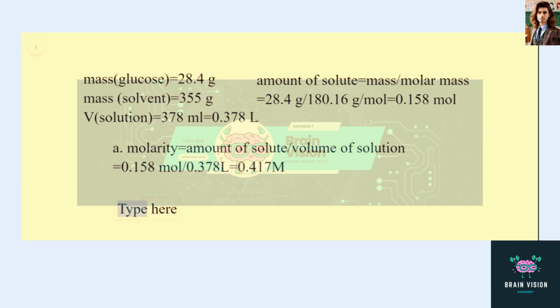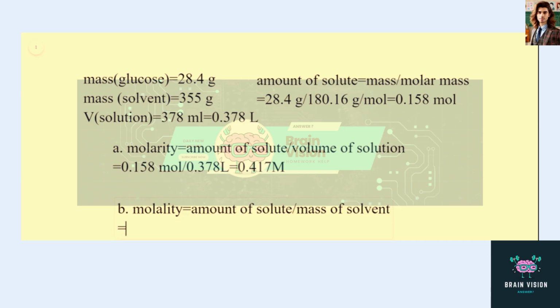Let's move on to B, molality, which is defined as amount of solute, which we already calculated, divided by mass of solvent in kilograms, which is very important. It's not the mass of the total solution, it's the mass of solvent, which in our case, given it's water, is 355 grams.